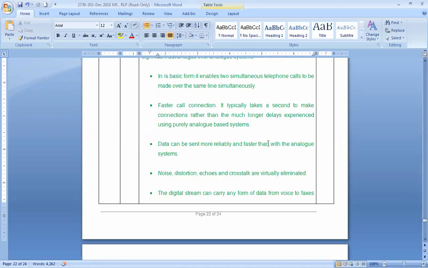Imagine how long it takes for a call to be connected in the field of business. It really matters. When they have to reach out to people, make a few calls, some emergency calls, and then it takes time for these calls to get connected. It's a little annoying, and not the best form of communication.